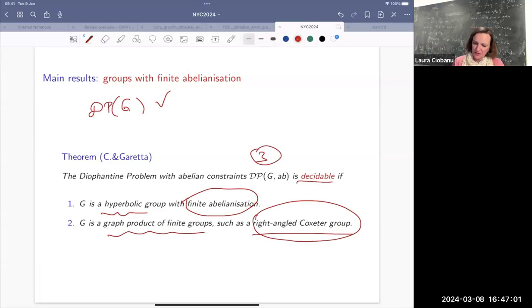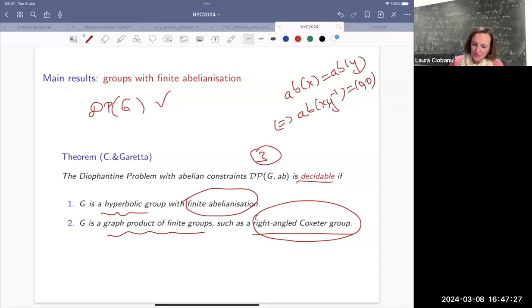And again, I was planning to write more on this, but the reason why this is decidable is because it turns out that, let's say, something like the abelianization of X is the abelianization of Y. That's the same. You can always move things, so the abelianization of X Y inverse is 0. I'm choosing something of rank 2.